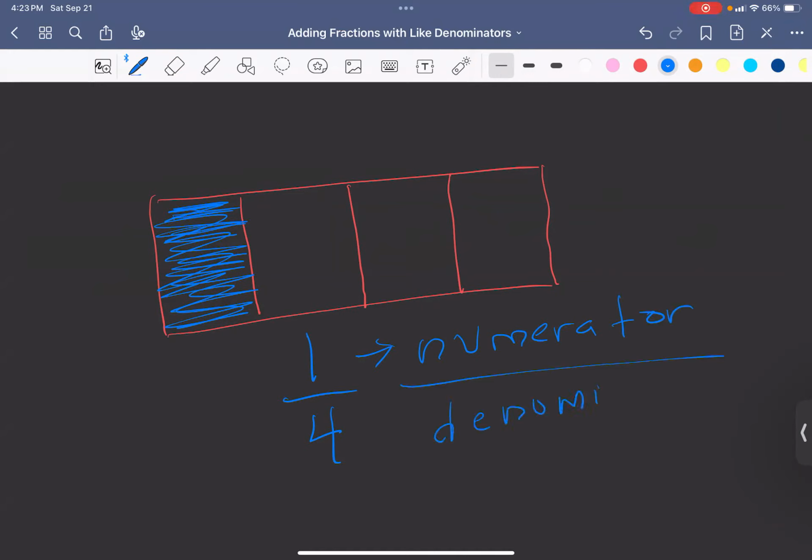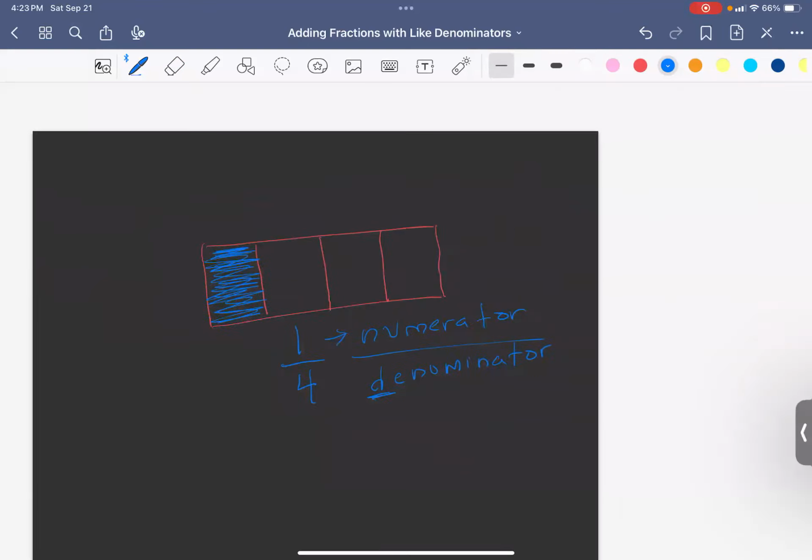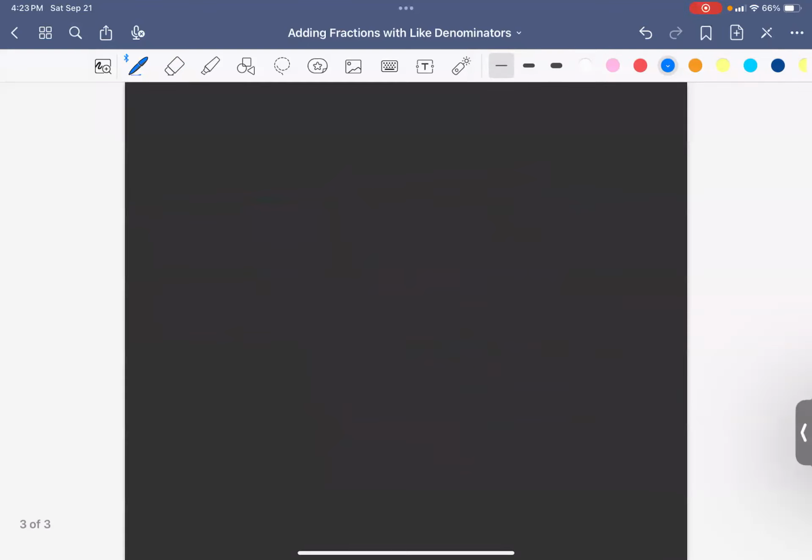And you can remember the denominator is downstairs and it has a D. Today we're going to learn how to add fractions that have the same denominator.